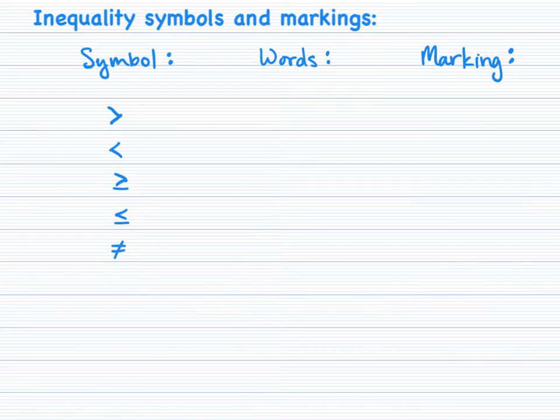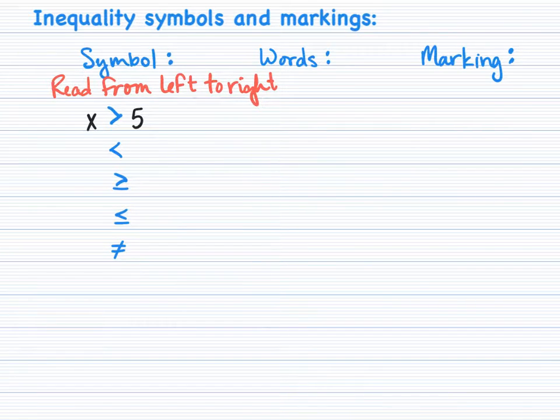So to make sure everybody's clear on what these symbols mean, I want to make a couple of notes here that we're reading from left to right. So for example, on this first one, if I have x and 5 here, then I'm reading that from left to right as, I just totally said that wrong, x is greater than 5.